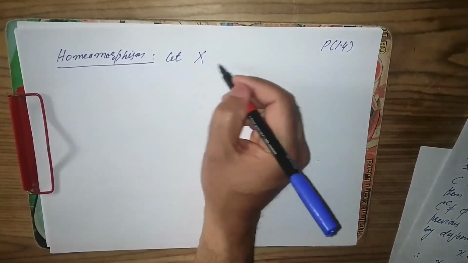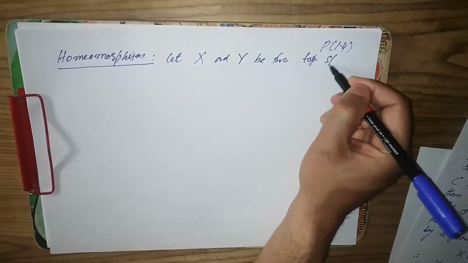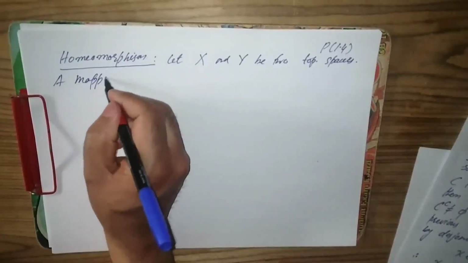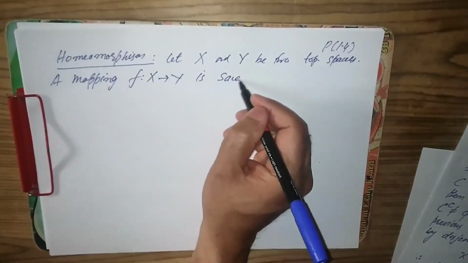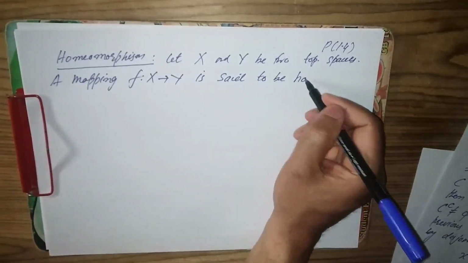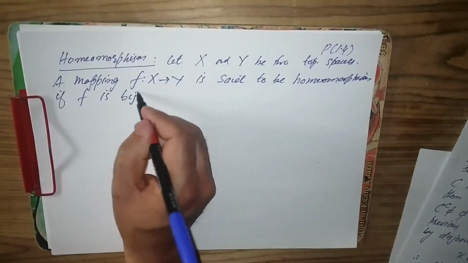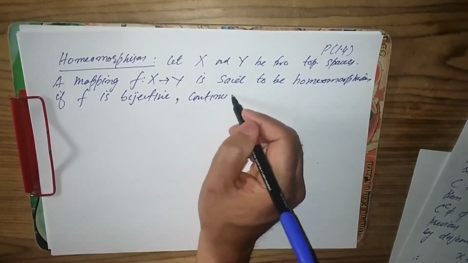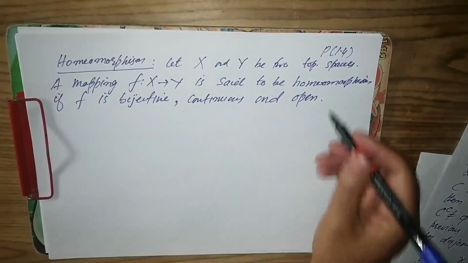Let X and Y be two topological spaces. A mapping f from X to Y is said to be a homeomorphism if f is bijective, continuous and an open mapping.